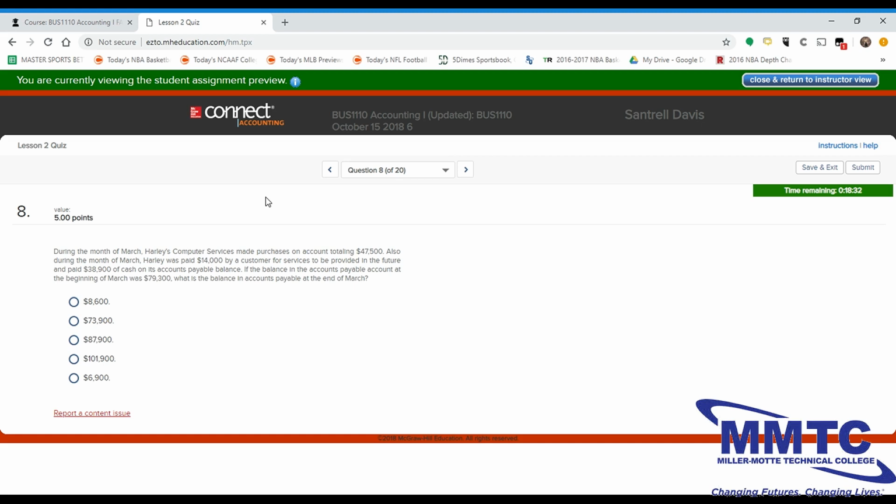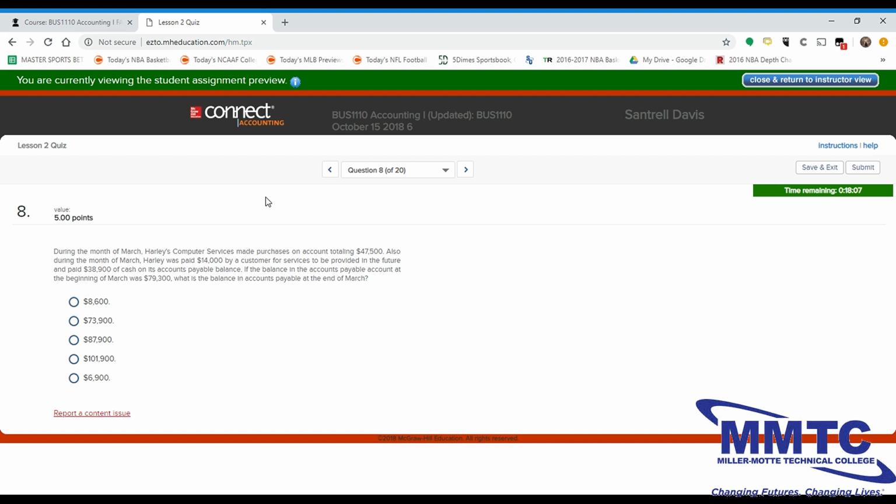Alright? So that $47,500 is what again? Read that part again, Mr. Coates, so we want to make sure we get this right. During the month of March, Hartley's Computer Services made purchases on account totaling $47,500. Okay, so they made purchases for $47,500. So that's gonna make payables go up, right?